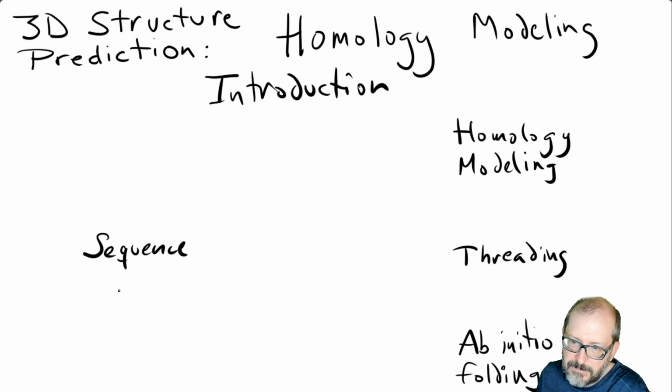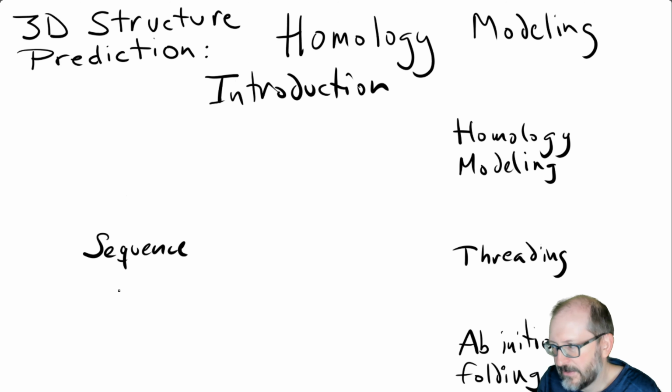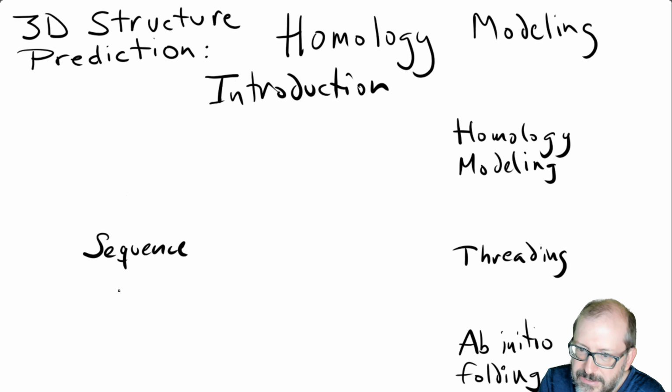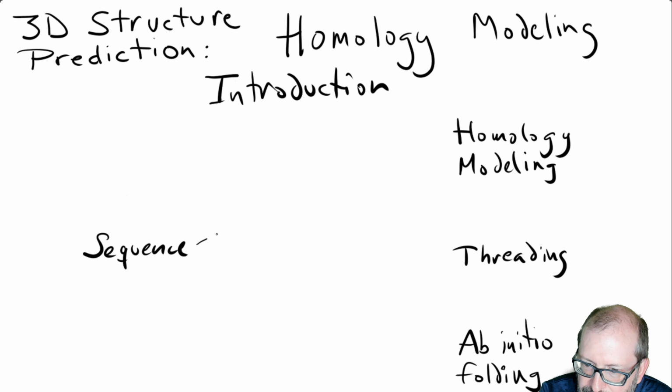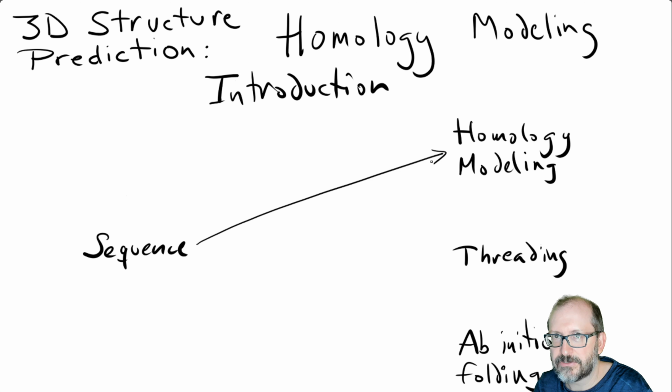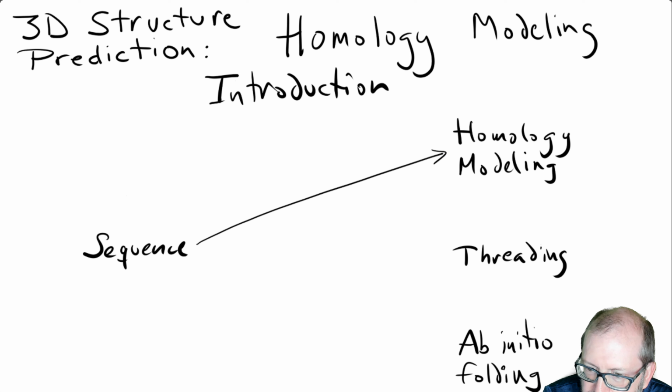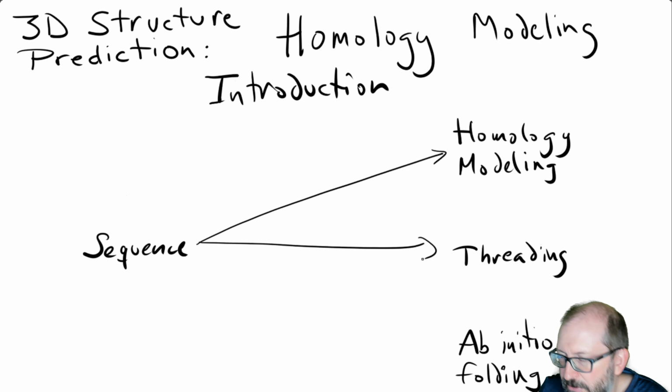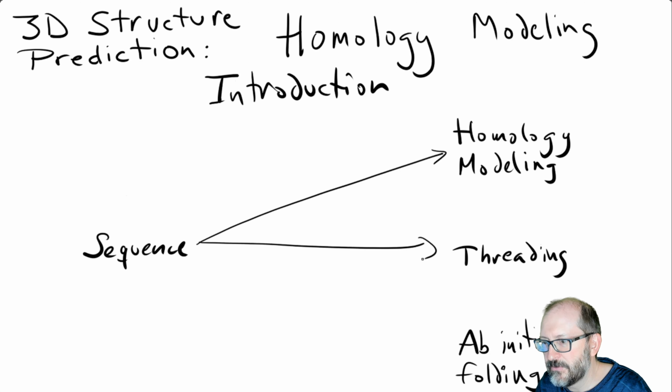But before we go further into it, you appreciate at this point that homology modeling is something that you do if you have sequence and you're able to find a homologue of known structure, right? If you can't find a homologue of known structure, there might still be a fold which is the correct fold for the sequence, but which is not related by evolution, right?